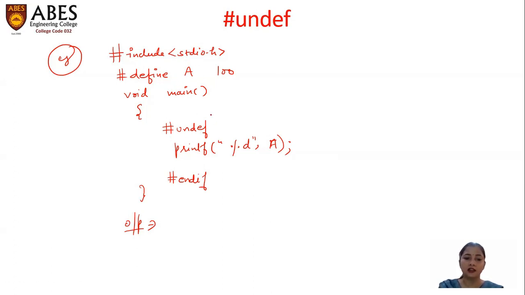If this #undef had not been here, then the output would be 100. But here I have written #undef A. What does it do? It will simply undefine this macro A. So now the macro has been undefined, and nothing will be printed.